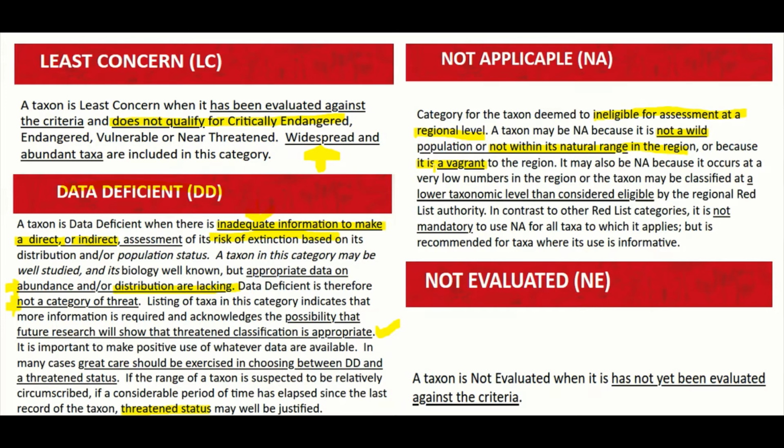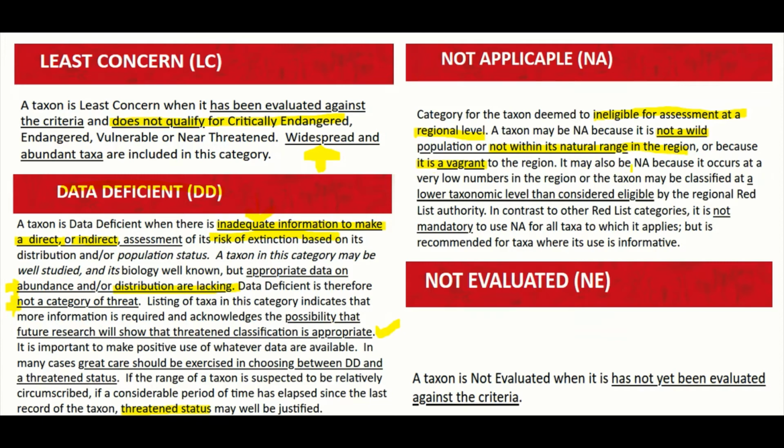So we cannot classify those at a regional level and say that this is their conservation status, because at some point they will leave and go to another place. Like the wildebeest migration in Kenya, we cannot classify their conservation status at a regional level, because they keep moving from region to region.